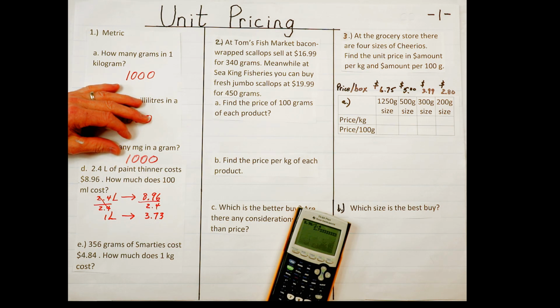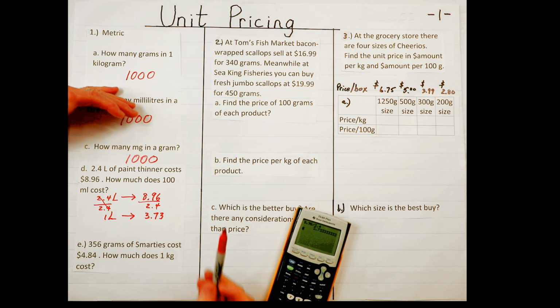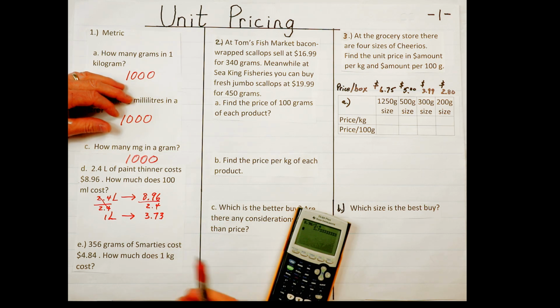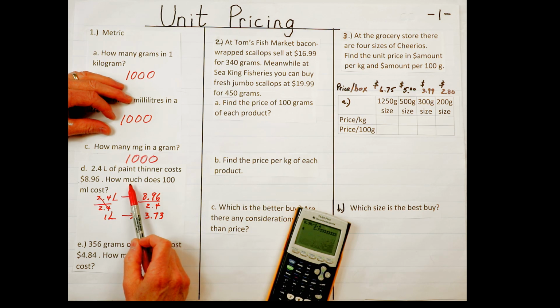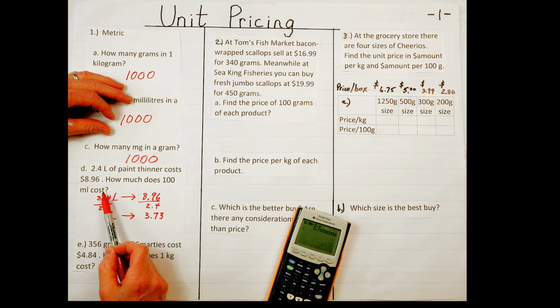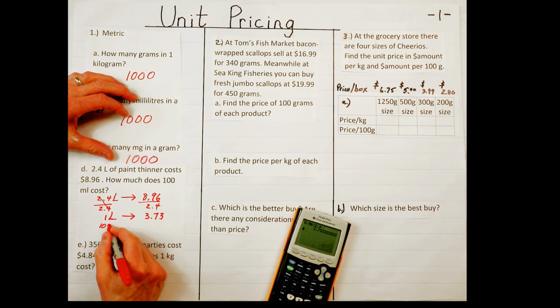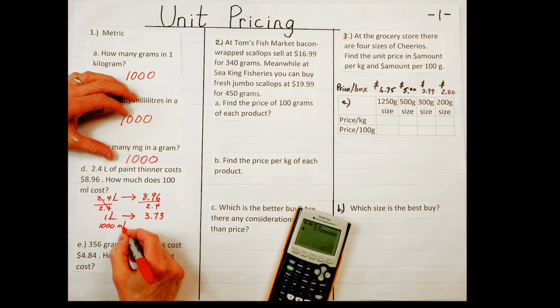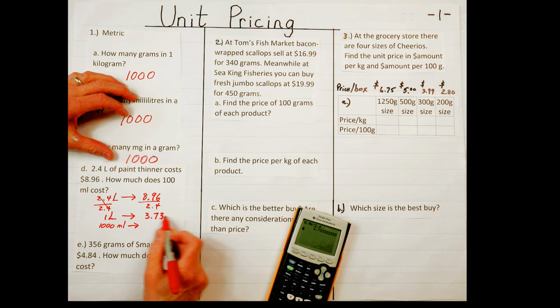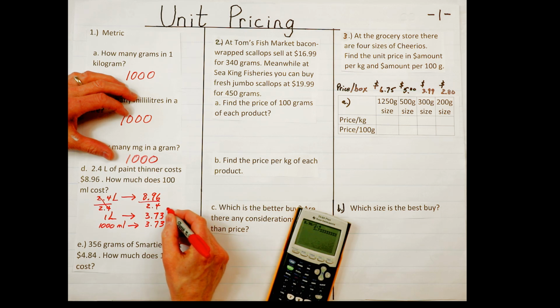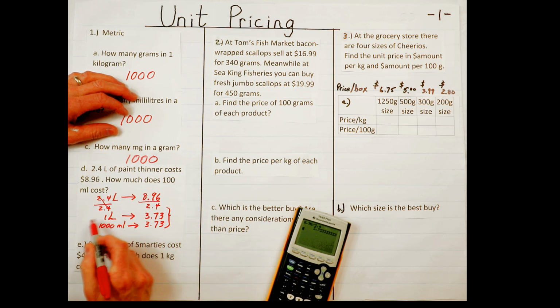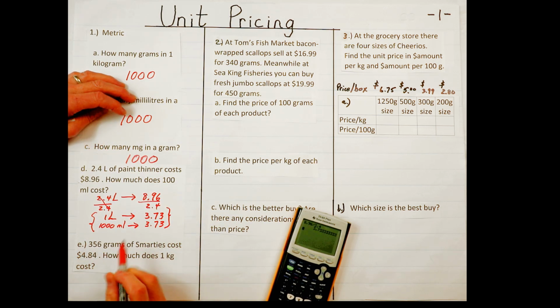And what's the question to ask? I always go back to the question because it's easy to forget or go astray. How much does 100 milliliters cost? Well, 1 liter is 1,000 milliliters, correct? So we know that 1,000 milliliters is $3.73 because these two are the same.